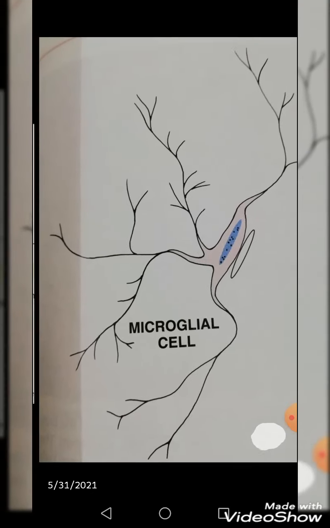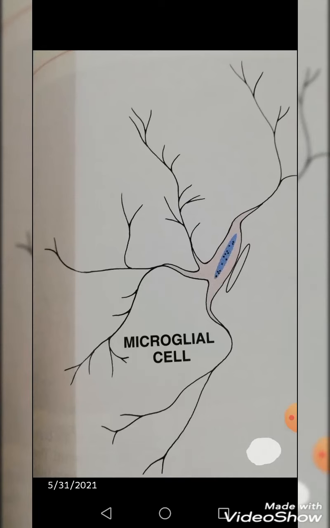And what is their function? The microglia perform the phagocytic function, and in this way they are a part of your mononuclear phagocytic system, right? And whenever there is any injury or disease, these cells enlarge, become motile, and act as scavenger cells and clear the cellular debris.